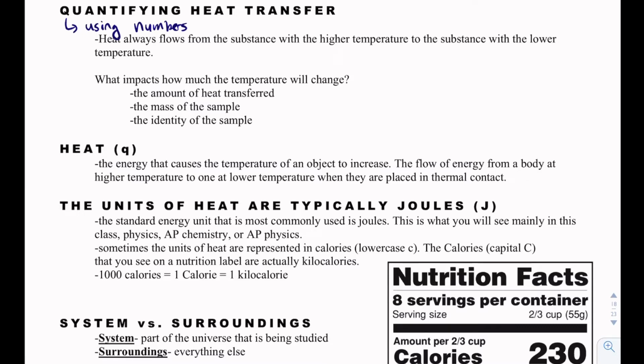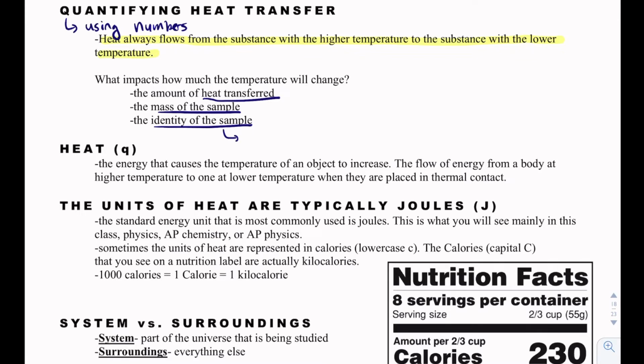So, basic rule of the universe. This has never ever been broken. Heat always flows from the substance with the higher temperature to the substance with the lower temperature. That is just how heat exchange works. Now, the amount of heat that is transferred depends upon how much heat is available, the mass of the sample, and then the identity of the sample.